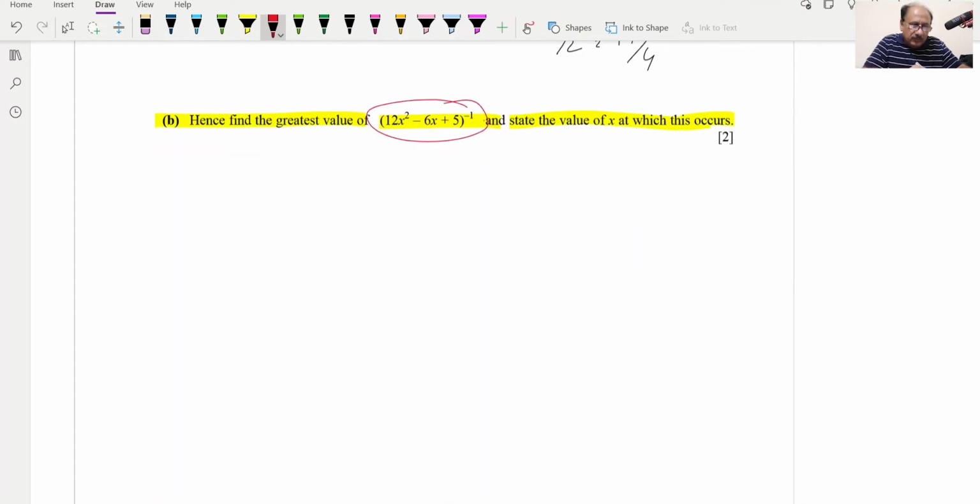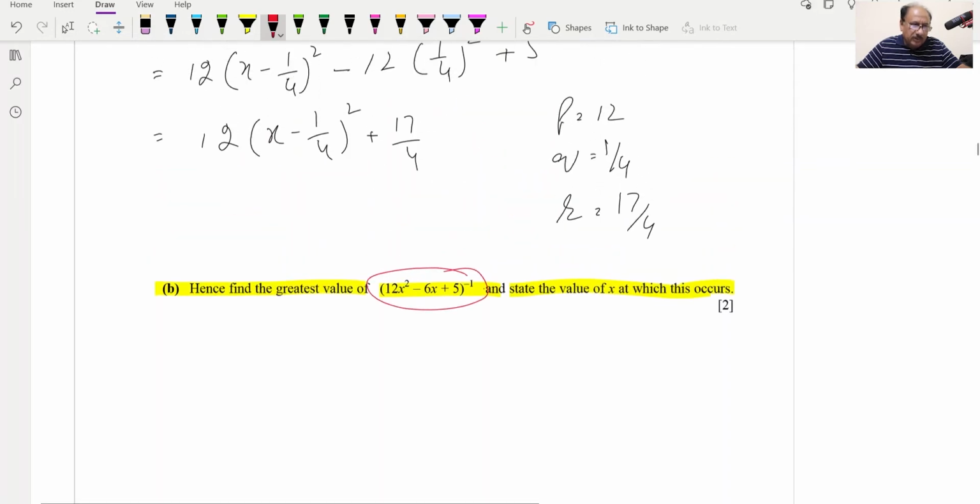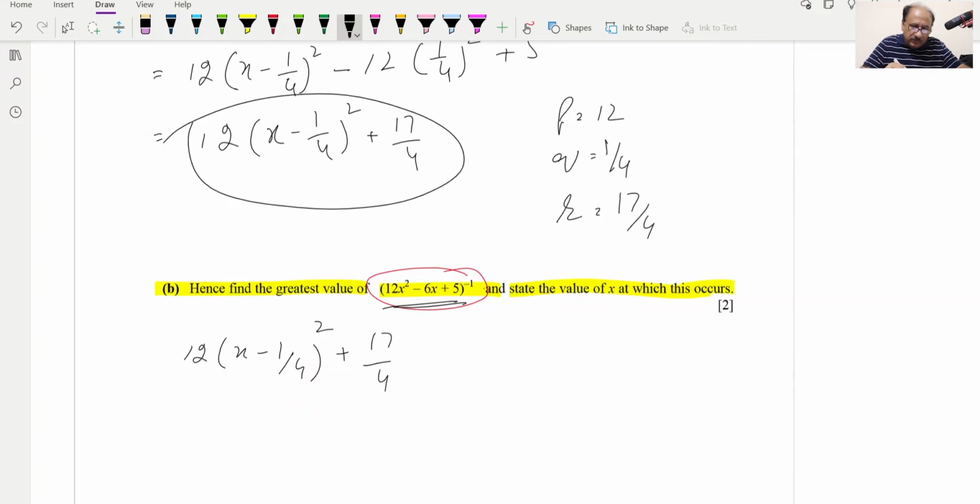For the result of the previous part we can utilize in this, and we can write this one as 12 into (x minus 1 over 4) whole square plus 17 by 4. This is the result which we are using, and we can figure out when this will be maximum.